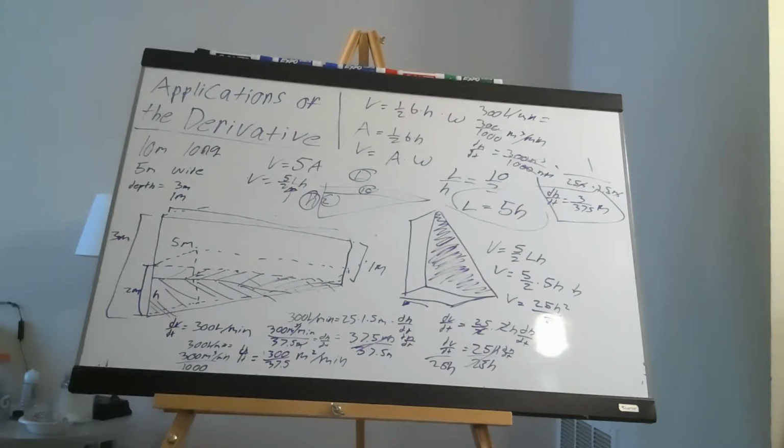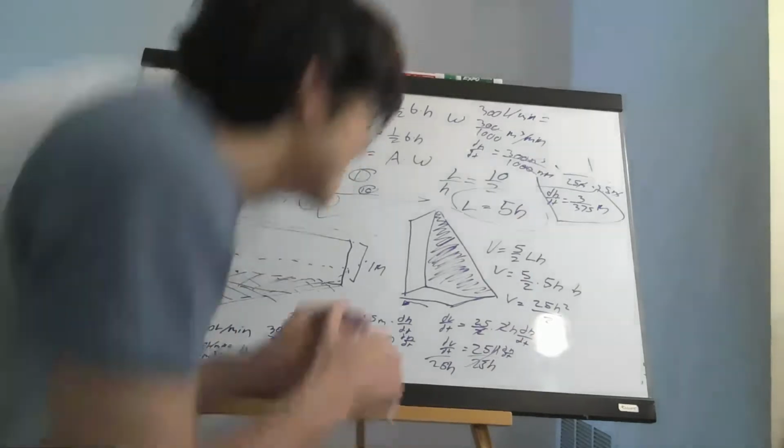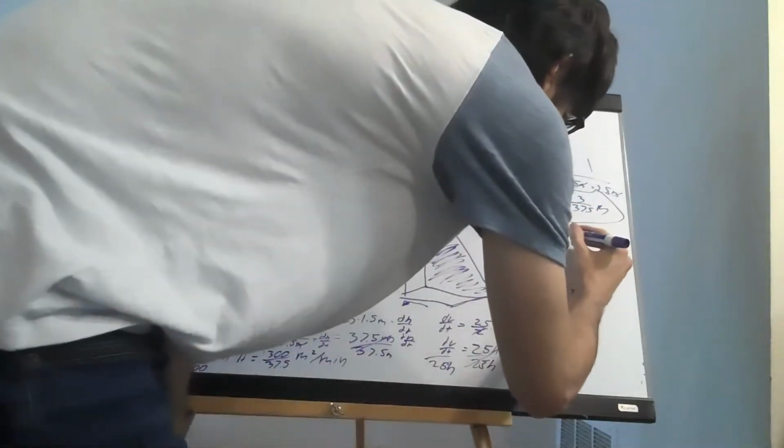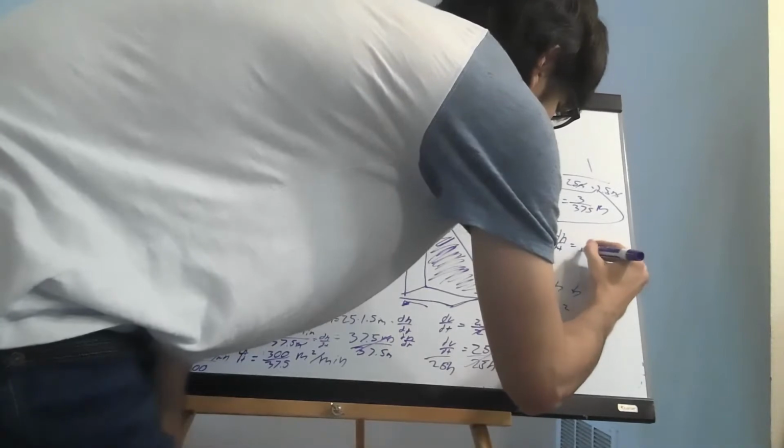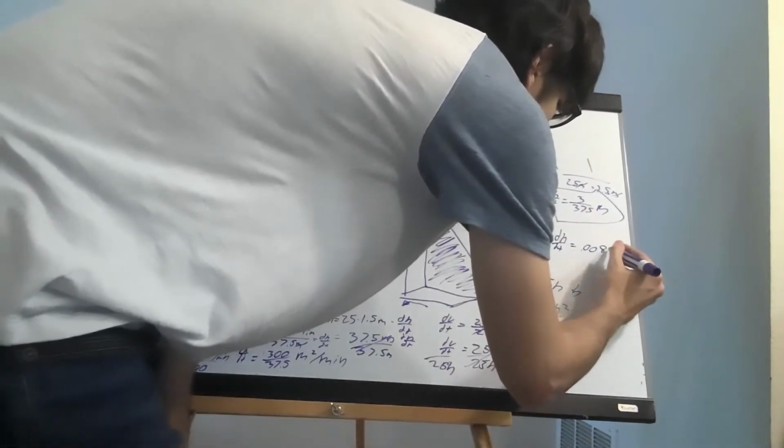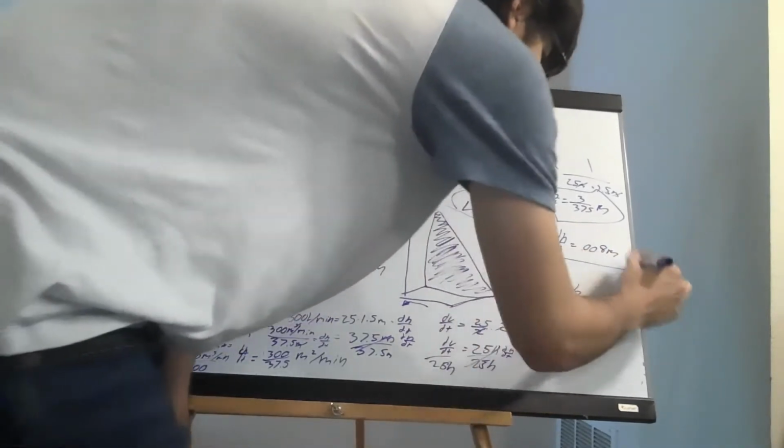I'll give you guys an exact number right now. It's 0.008, yes. So dH/dt equals 0.008 meters. And that is our final answer.